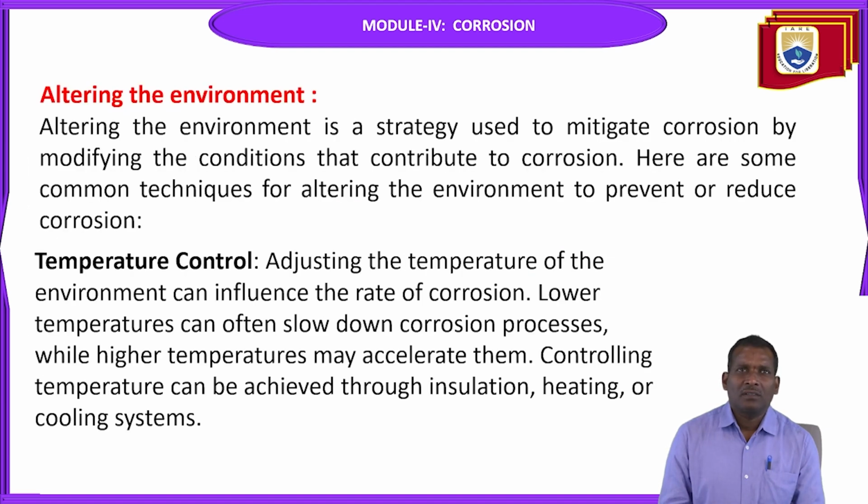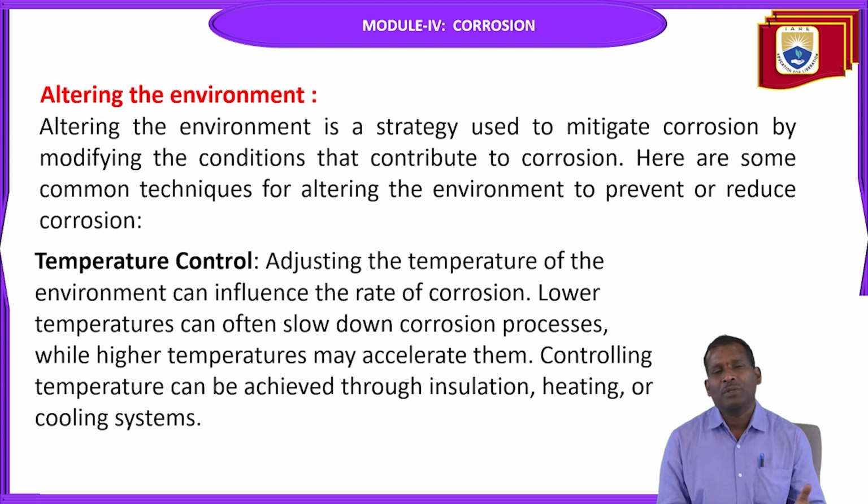The next factor is altering the environment. The alteration of the environment is required to minimize corrosion. Altering the environment is one strategy used to mitigate corrosion by modifying the conditions that contribute to corrosion.